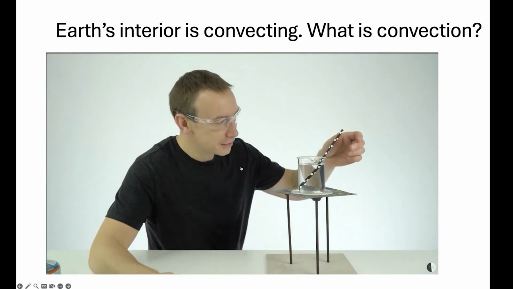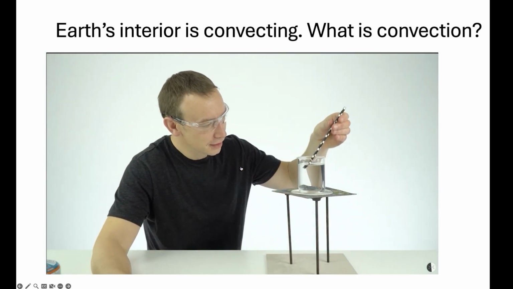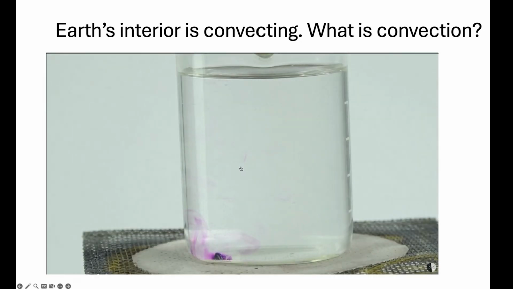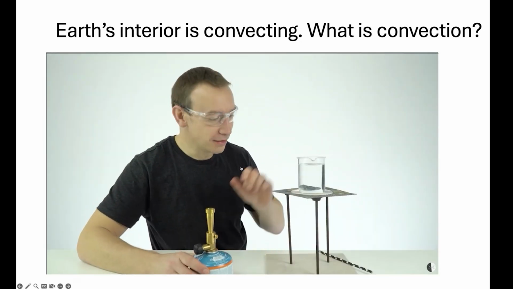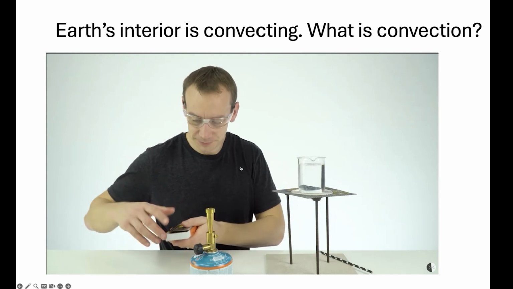Now I've just put literally one small crystal at the bottom, hardly anything at all. What I'm now going to do is light the Bunsen burner and just very gently heat on this side of the beaker.